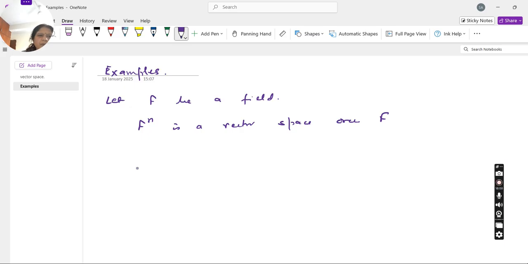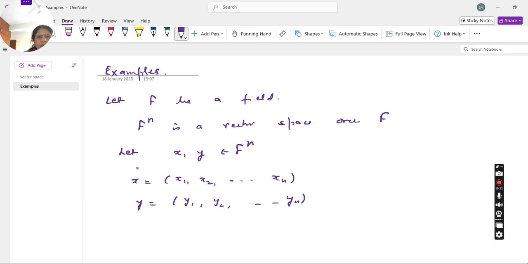So n tuples is, let x and y belong to F^n, then x is written as x1, x2, ..., xn, and y is written as y1, y2, ..., yn.